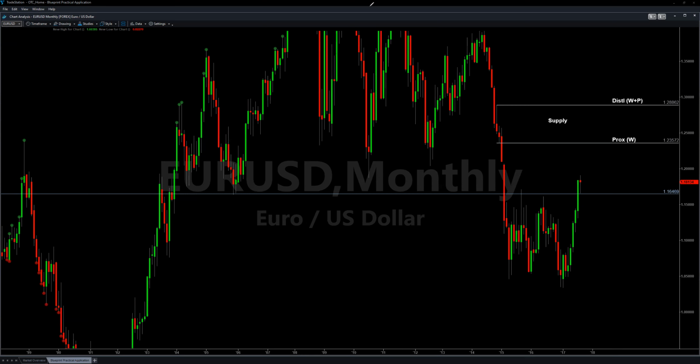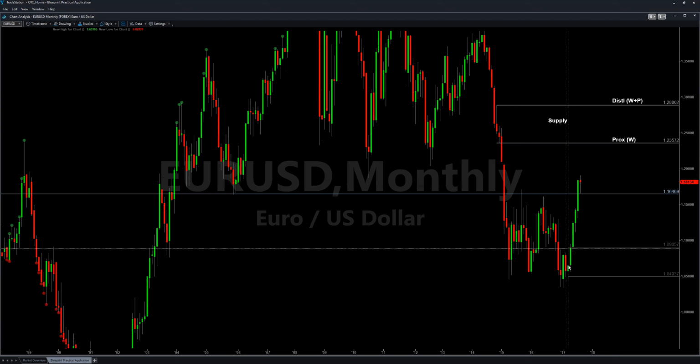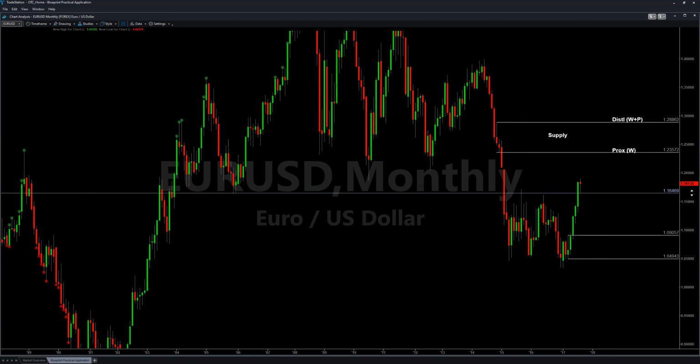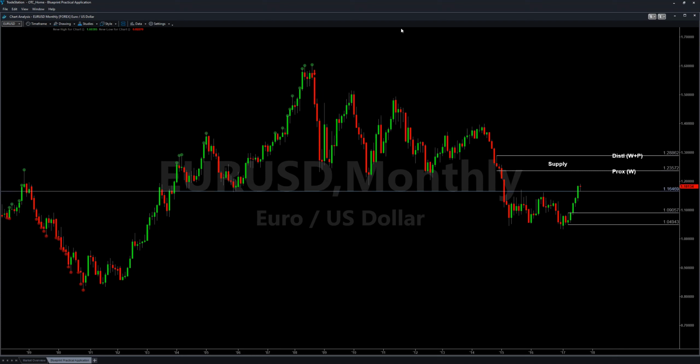Okay, let me draw a little bit. This could be our indecisive base candle, to the right the leg out, and it's our leg in? No, it's not a leg in, because the leg in is not a clear, significant drop. Let me show you something. What is a drop? A drop is this here, right?